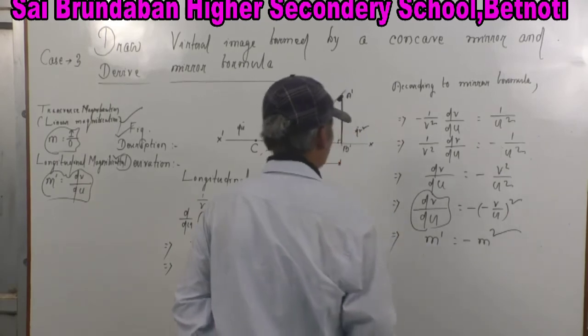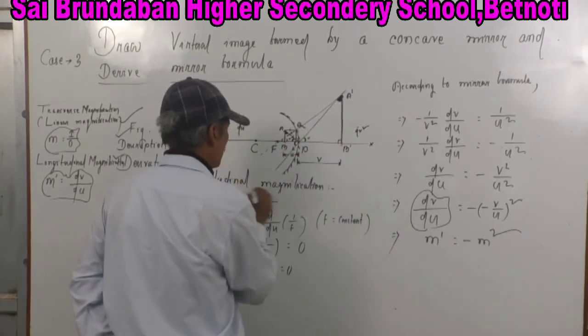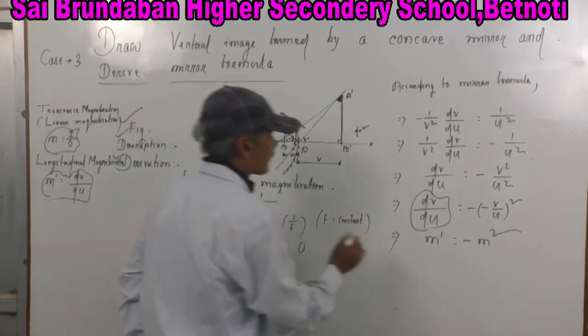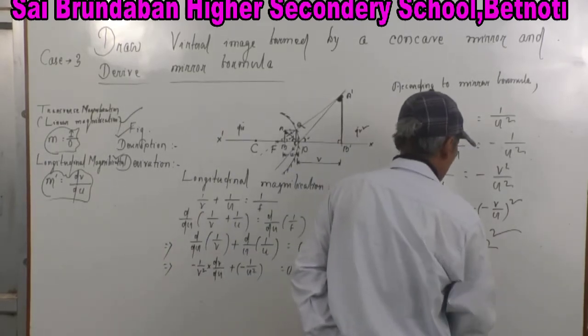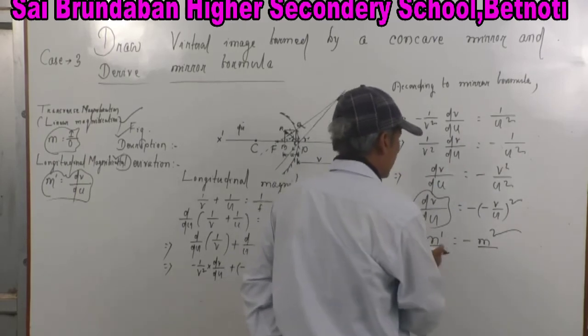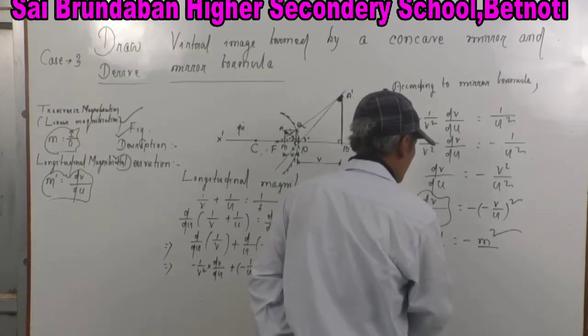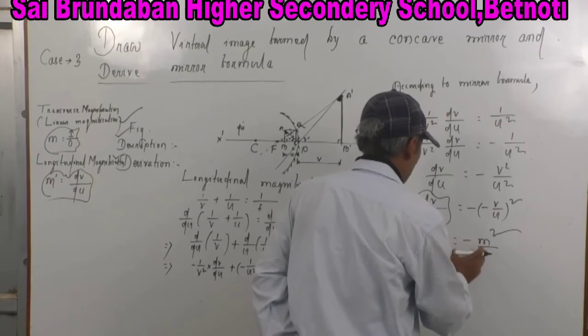So now longitudinal magnification, this is the transverse magnification, this is the relation between longitudinal magnification and transverse magnification.